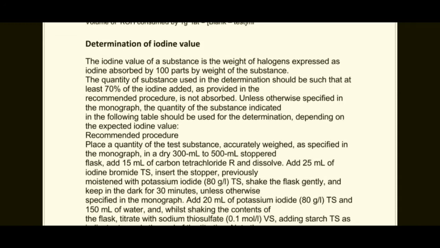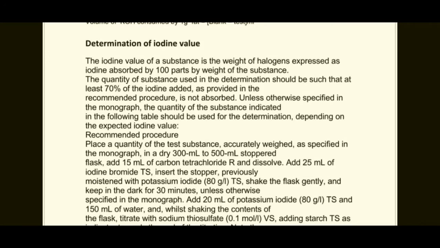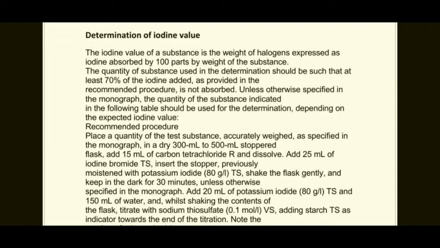Unless otherwise specified in the monographs, the quantity of the substance indicated in the following table should be used for the determination, depending on the expected iodine value. The recommended procedure is to place the quantity of the test substance, weighed as specified in the monographs, in a 300 ml to 500 ml stoppered flask and add 15 ml of carbon tetrachloride and dissolve.